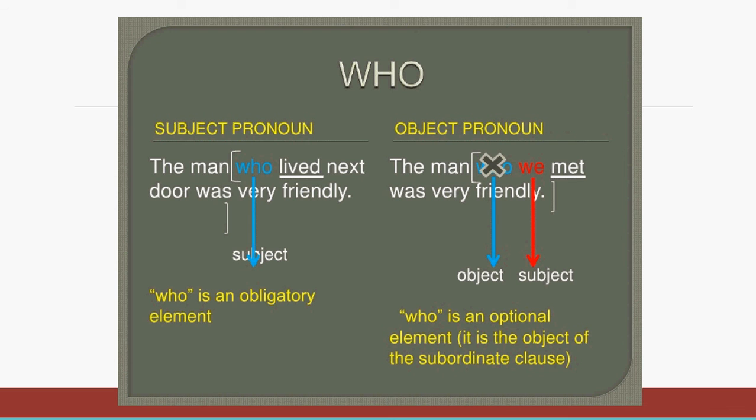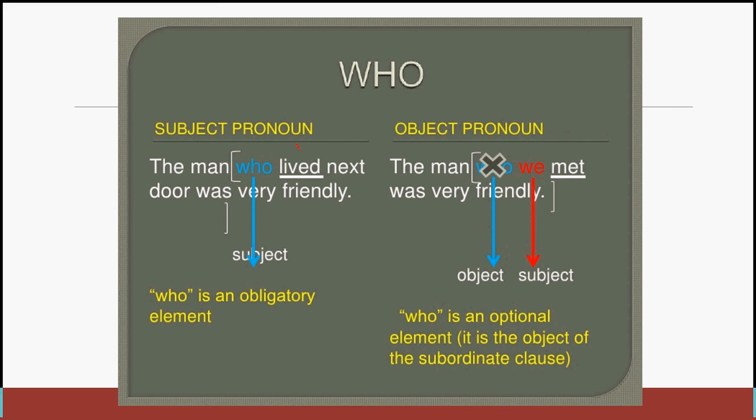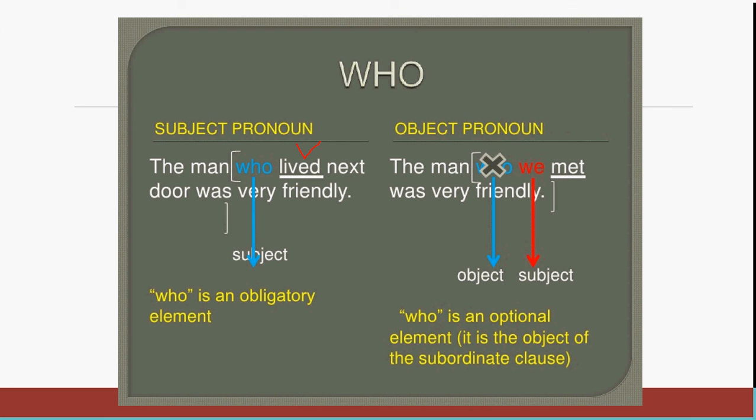Okay, now let's differentiate the relative pronoun who, with subject pronoun relative clauses and object pronoun relative clauses. The man who lived next door was very friendly. Notice here in the subject we had the verb, who is an obligatory element in this sentence.